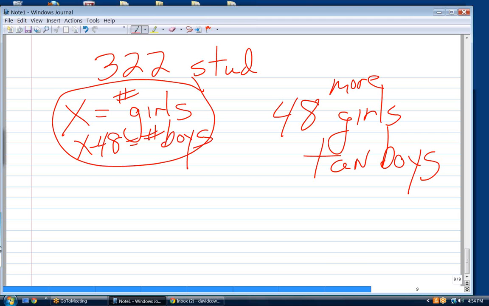Oh. Right? In other words, if there's 48 more girls than boys and there's 100 girls, there's going to be 52 boys. If there's 49 girls, there's going to be 1 boy. So we can define both things using one variable only.